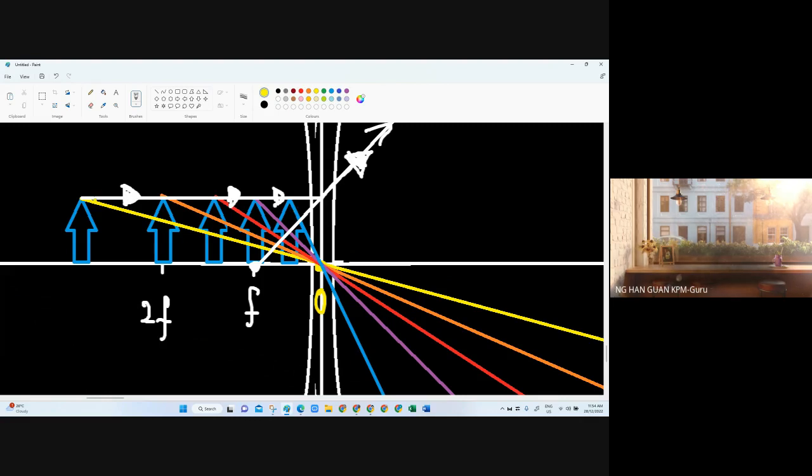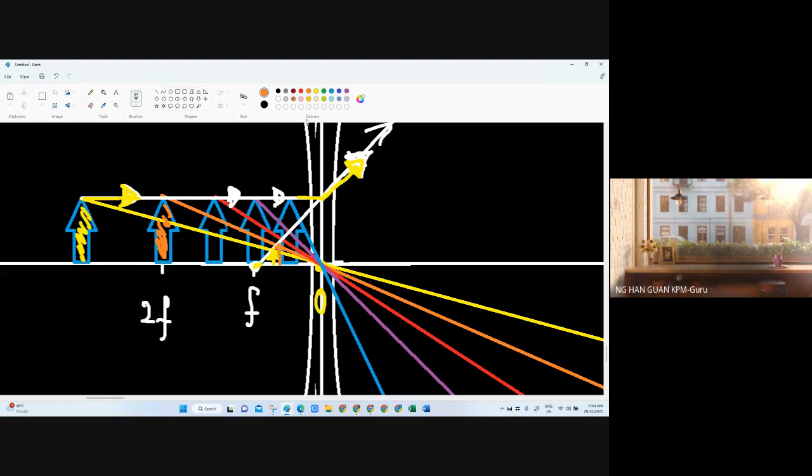So let's say we're referring this white color as a yellow colors. So it means that when it hits and then referring to F here, so deflected away, which is diverged. So it means that it will meet here. This is our first image form. Yellow color image here. Right? And the second orange color object here, orange color image will be here.